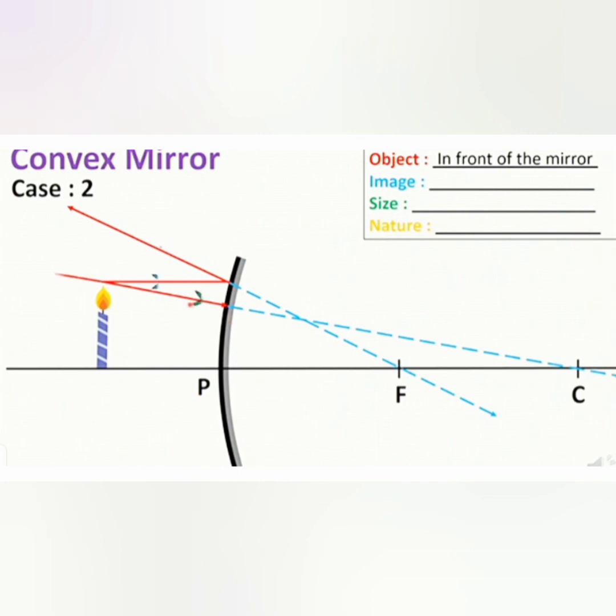These two rays diverge back from the mirror. They meet together behind the mirror. So the image size is diminished because the image is smaller than the object, and the nature is virtual and erect. So that's all about the ray diagram of concave and convex mirrors.